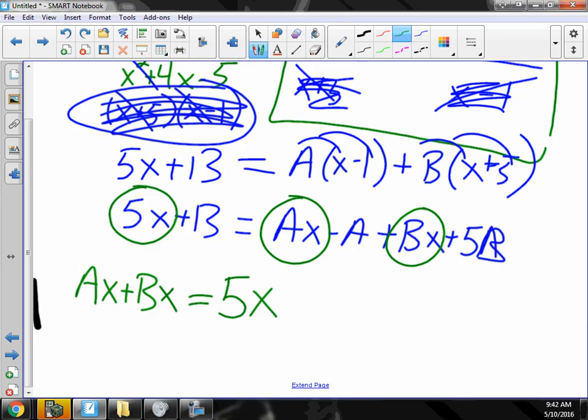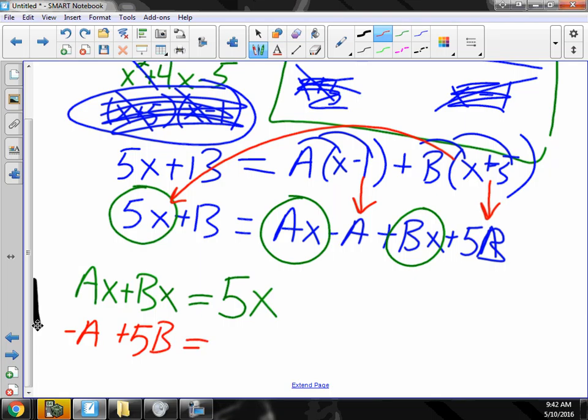There is no way for this piece or this piece to influence that, right? The x pieces are the only things that can influence the x pieces, and the non-x pieces are the only thing that can influence the non-x pieces. So I could write another equation that is negative a plus 5b is equal to 13.